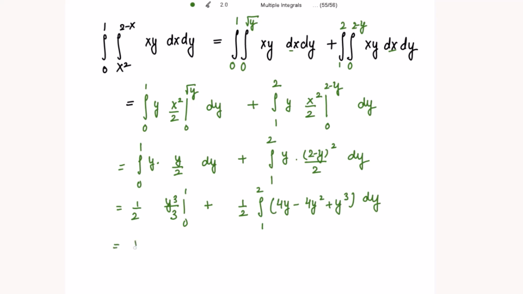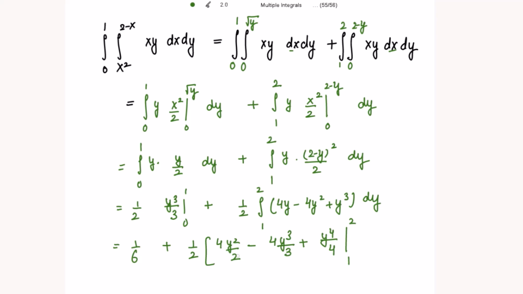So this is equal to 1 over 6, and this will give you 1 only, plus 1 by 2 integration of 4y, y square over 2 minus 4 y cube over 3 plus y to the power 4 over 4, putting the limits from 1 to 2. So this is equal to 1 over 6 plus 1 over 2. When you solve this, just putting 2 over here, this will be cancelled out, 2 will become 8.